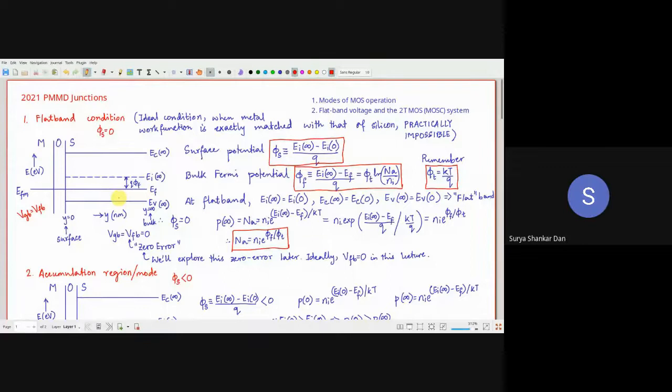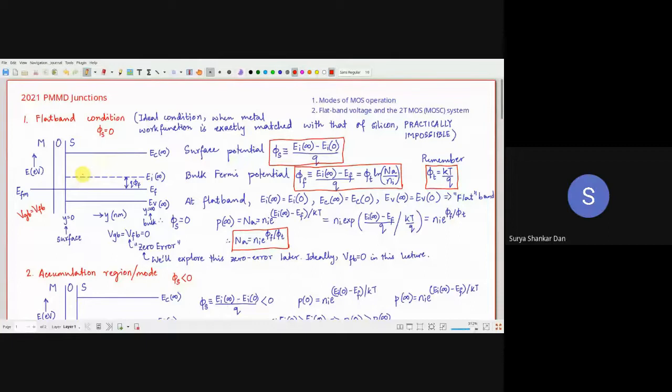Why? Under DC, under the equilibrium condition, when it is steady state, when you are not changing any voltages, we are always assuming that whatever voltages and everything we are applying are already at steady state. That means the temperatures and all are not changing.